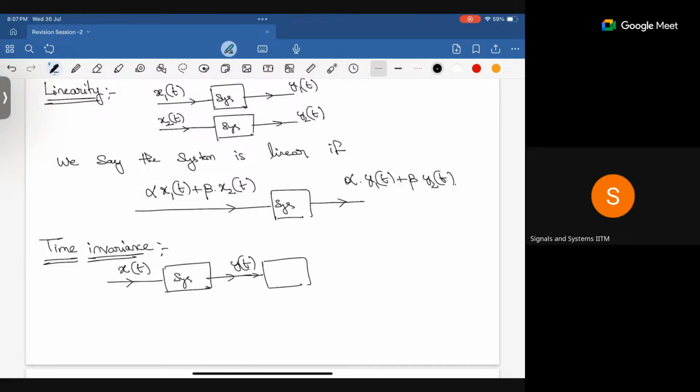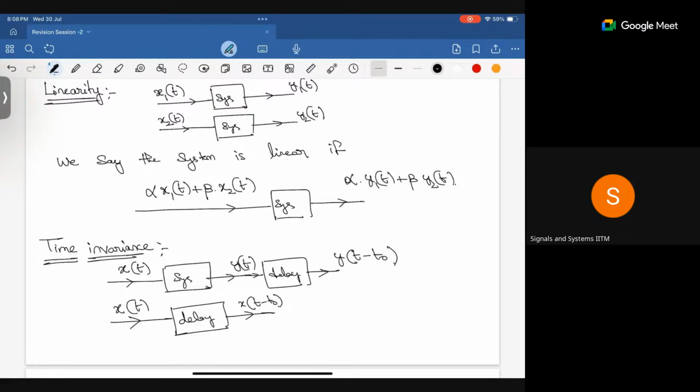Then you delay this signal y of t by t naught units, or t minus t naught. Then we interchange the system and the delay: we delay the input first, which is just a shift.